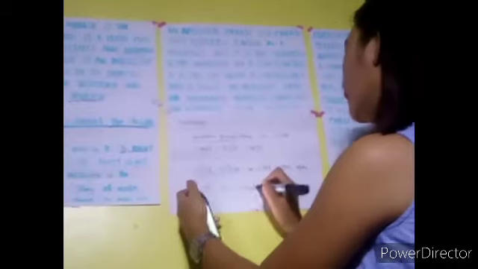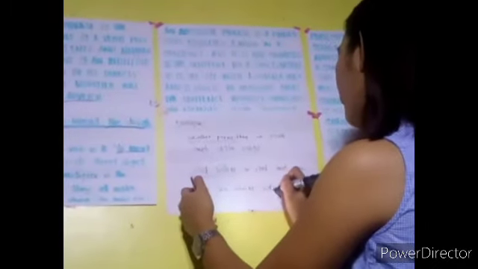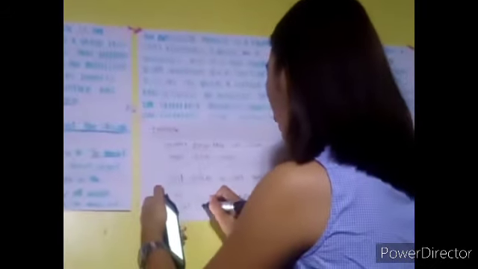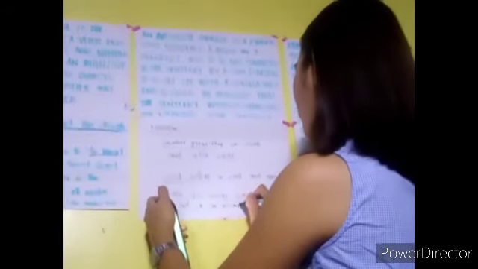The sun having risen, we set out on our journey. So class, what do you think the absolute phrase in the sentence is? The sun having risen, we set out on our journey.